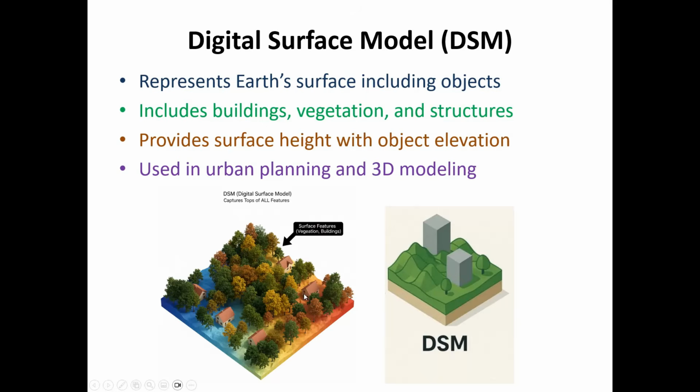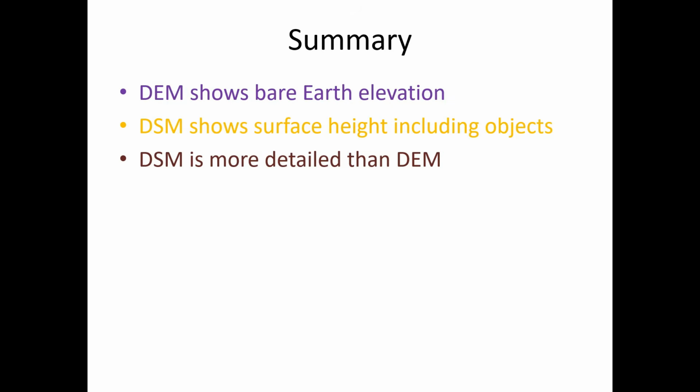In this example you can see the data represents Earth's surface features, like built up areas and trees, and their elevations are also taken into account. So in summary, DEM shows the bare Earth's elevation and DSM shows the surface height including objects.